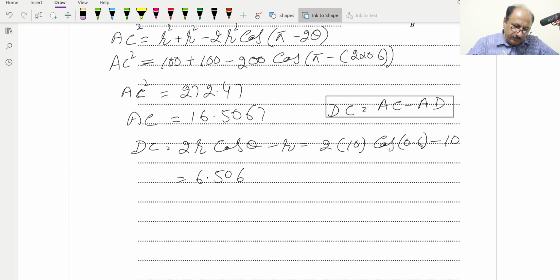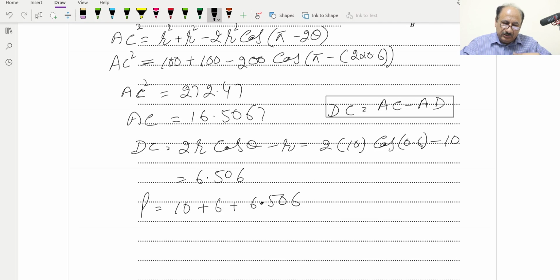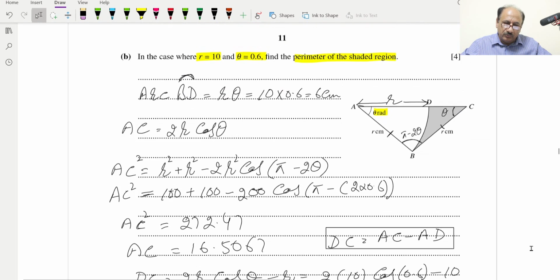The perimeter P is equal to 10, one side is 10, plus 6, plus 6.506. These are the values we have already found over here.